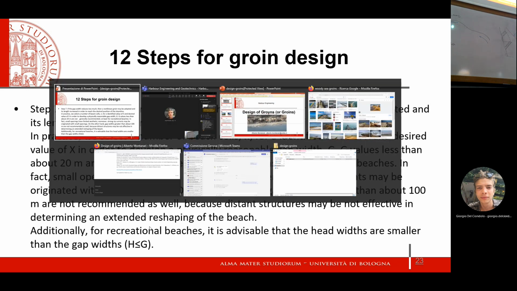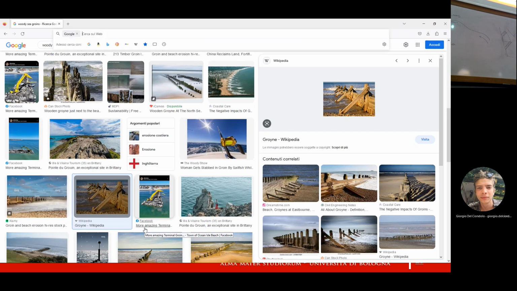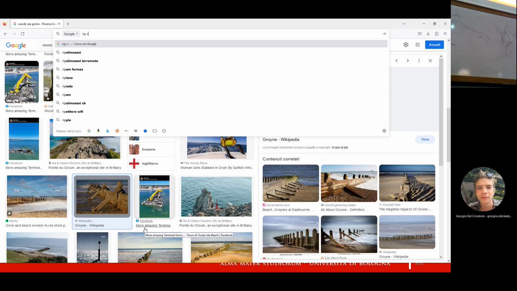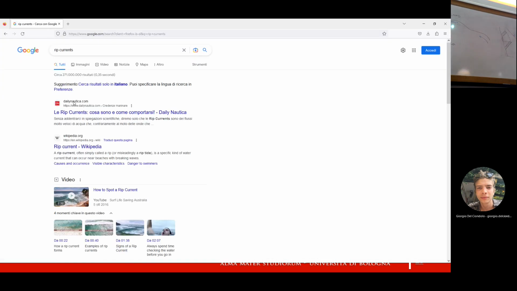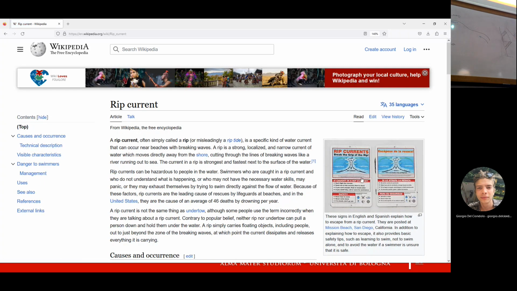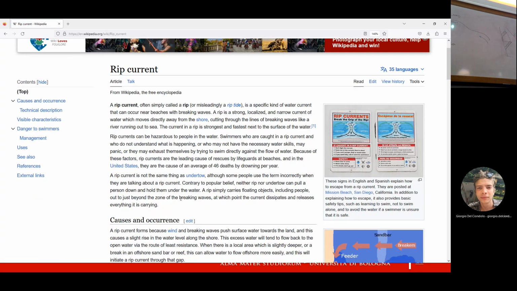Rip currents. Let me look over the web if I find something interesting, because they are often encountered in the oceans. So a rip current, often simply called a rip, is a specific kind of water current that can occur near beaches with breaking waves.